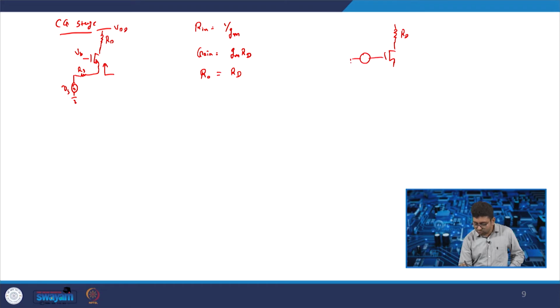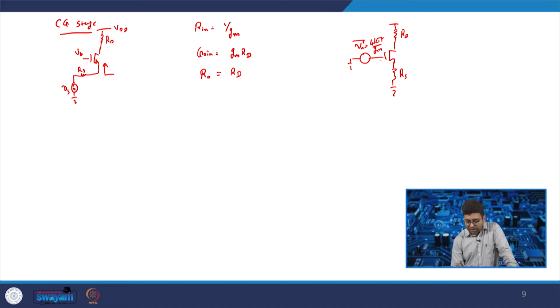If we show the noise in terms of the voltage, Vn square, which is given by 4 kT gamma by Gm, and then we have a Rs. So if we try to see the structure in this way, this is a common gate configuration.